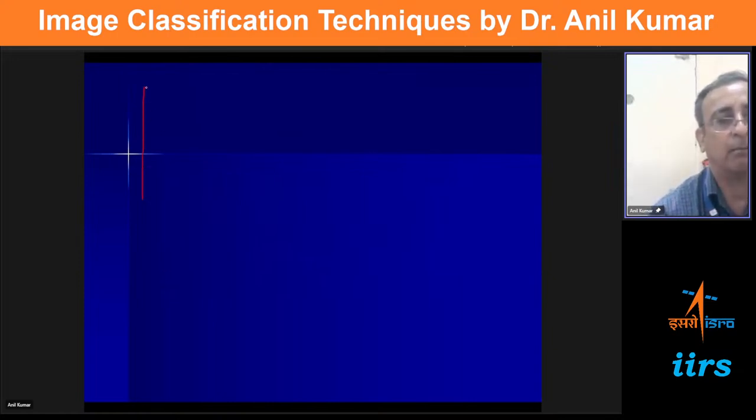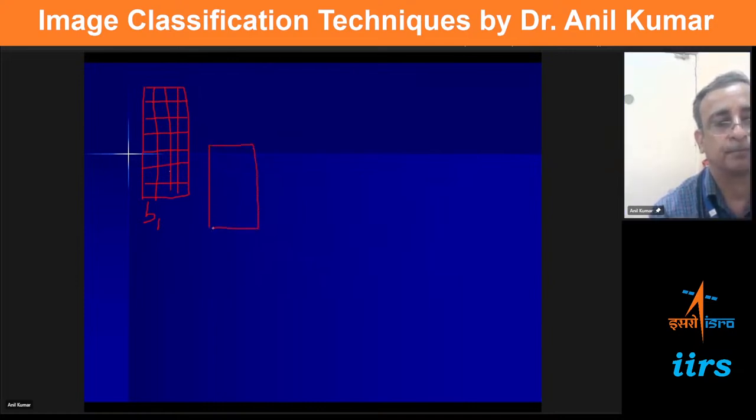So again, you have band 1 and band 2. Since it is supervised, that means we are extracting some of the known classes, like water. The first class is water.